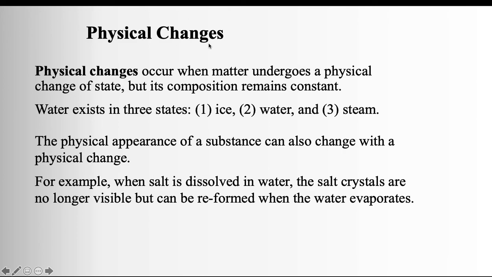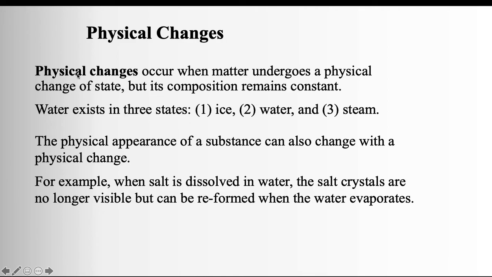Physical changes are associated with physical properties. Physical changes occur when the matter undergoes just a physical change of state, but we do not change the composition of that particular compound. And remember, we said that if we change the composition, that means we're changing the identity of the substance.